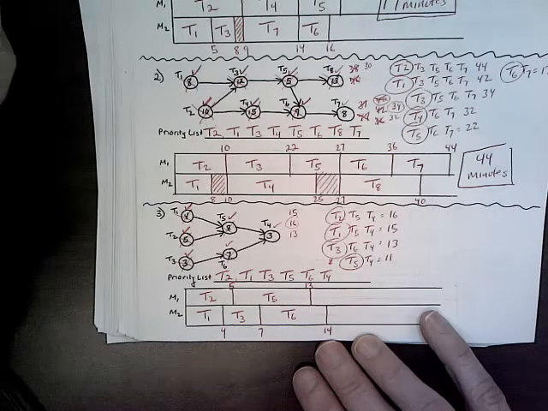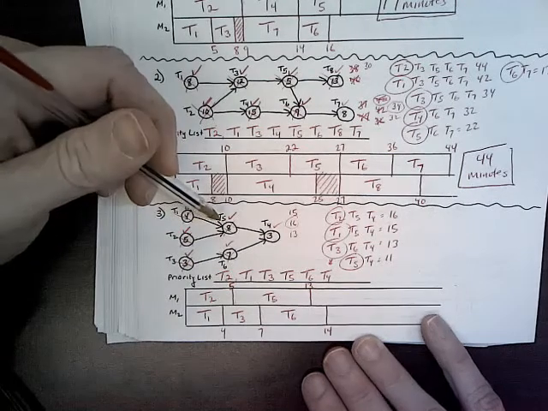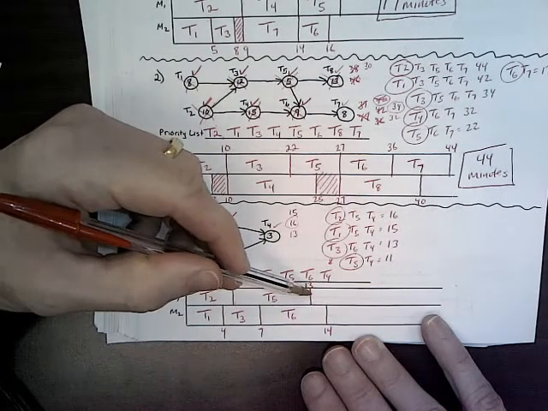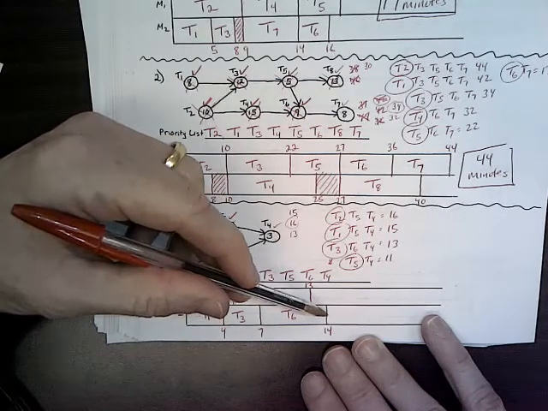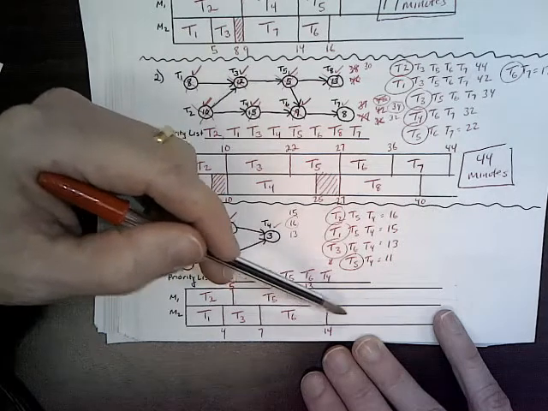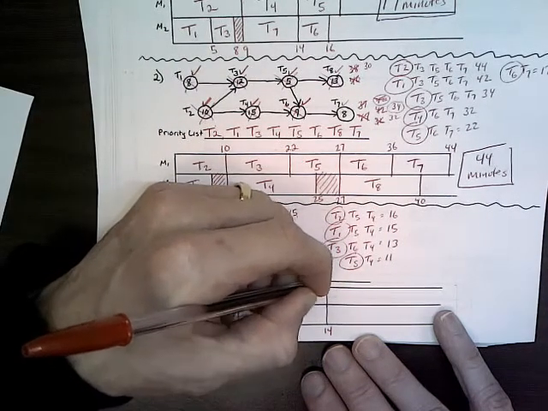Okay? And now T4 is the last one, and T4 can't go until 5 and 6 are both done. Well, 5's done at 13, but 6 isn't done till 14. So at 14 minutes, both machines are available, so you're going to have to take the one on top. So we have to extend this up.